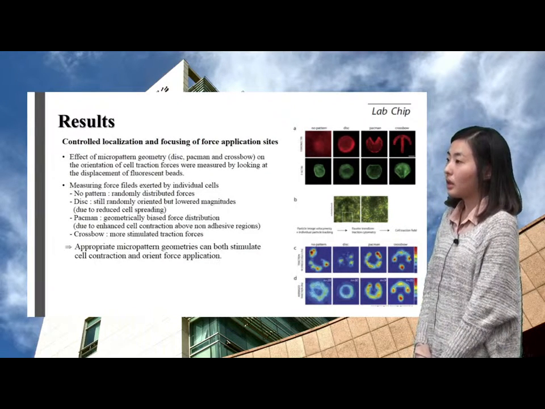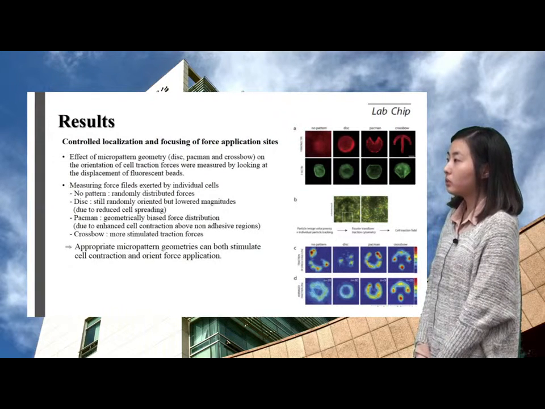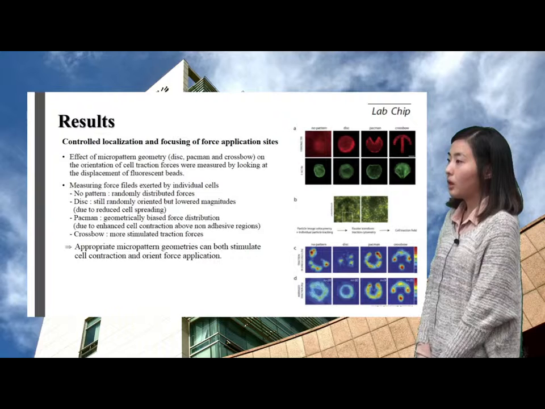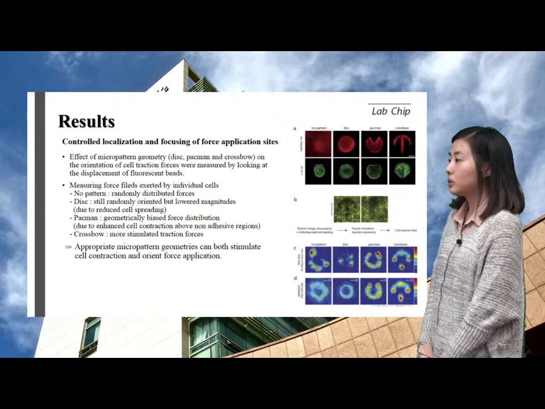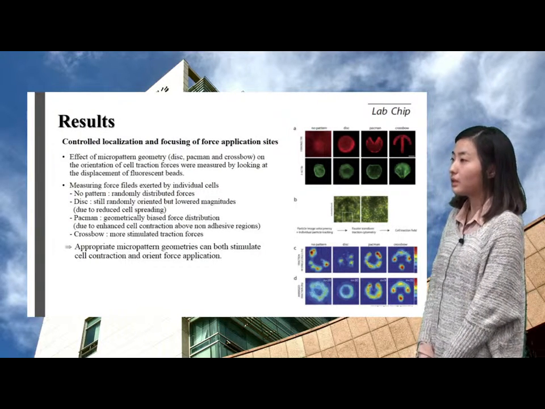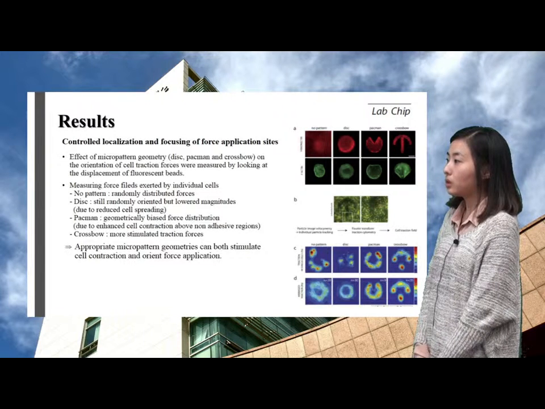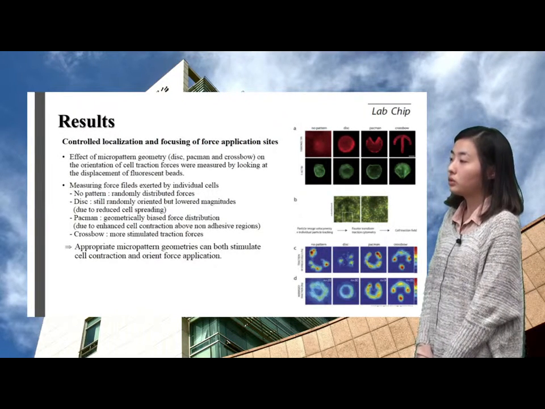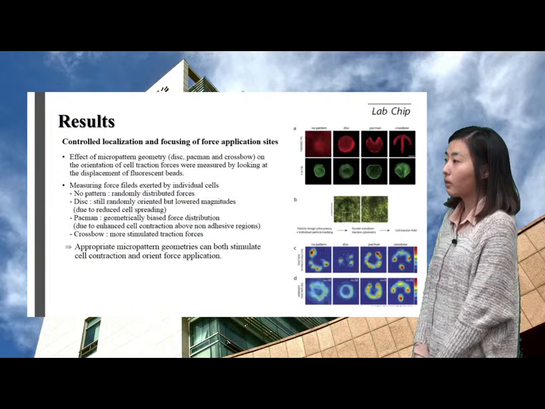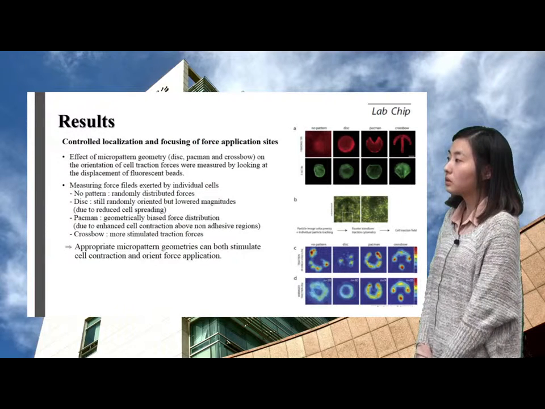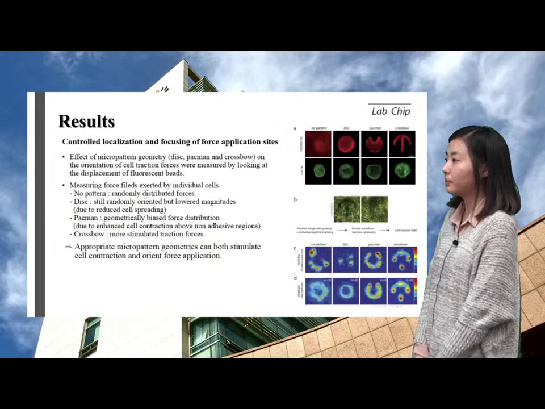In detail, there were randomly distributed forces on no-pattern substrates. Cells on disc patterns still showed randomly oriented forces but of lower magnitude than that of no pattern, due to reduced cell spreading. Pac-Man's shape made the cells have a geometrically biased force distribution.